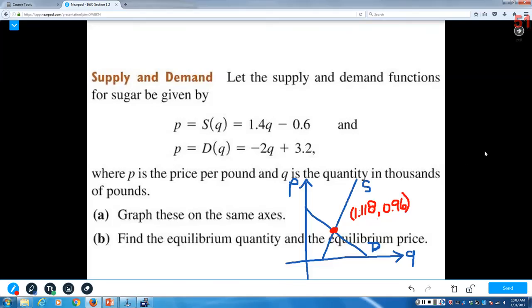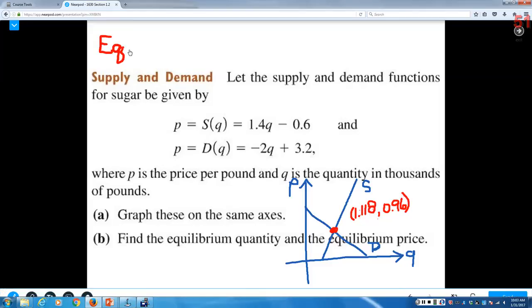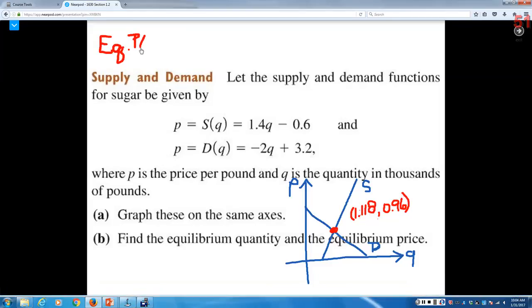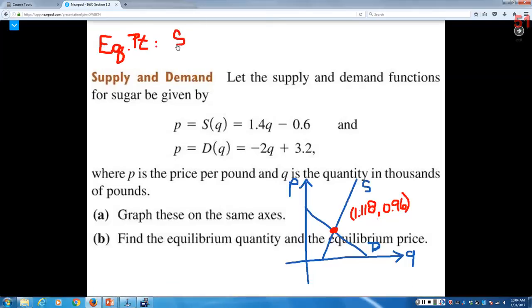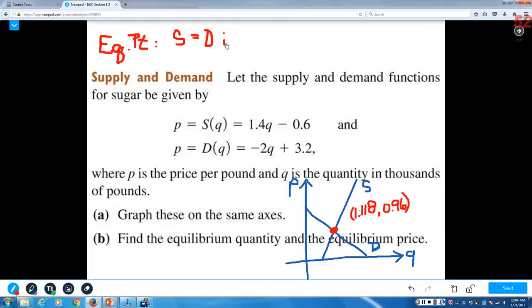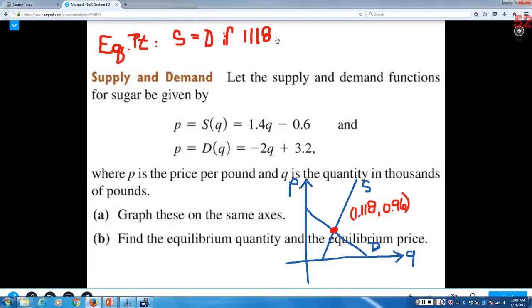So there's my graph. And then what I know from my graph is that equilibrium tells me this: supply equals demand, since this is 1.118 thousand, that's 1,118 pounds.